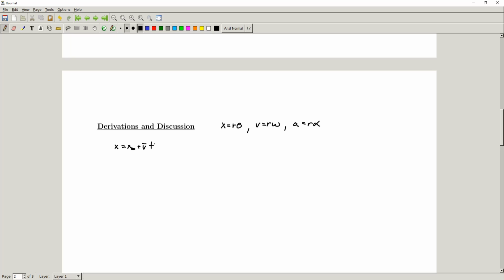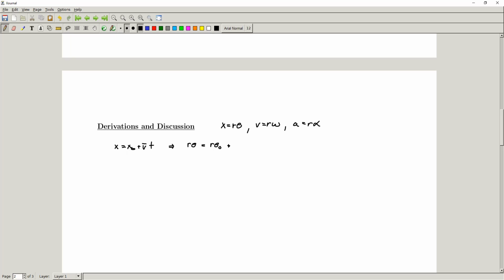And if we just go right through and replace the x's and v's, we're going to see that we end up with r theta equals r theta naught, right? So theta naught is going to be our initial angle, where x naught was our initial position, right?